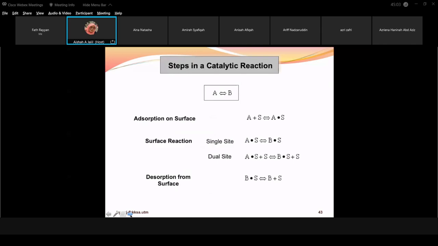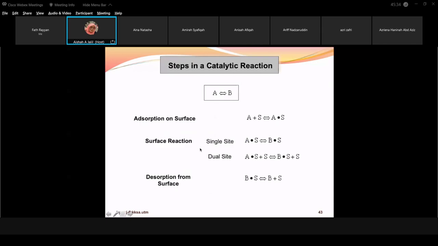This is, for example, A to B, a step in a catalytic reaction. I think there are many examples in your textbook. This is adsorption on the surface: A plus S to A·S.